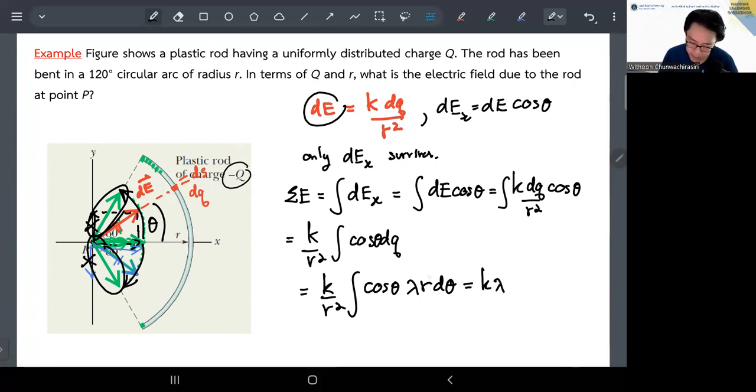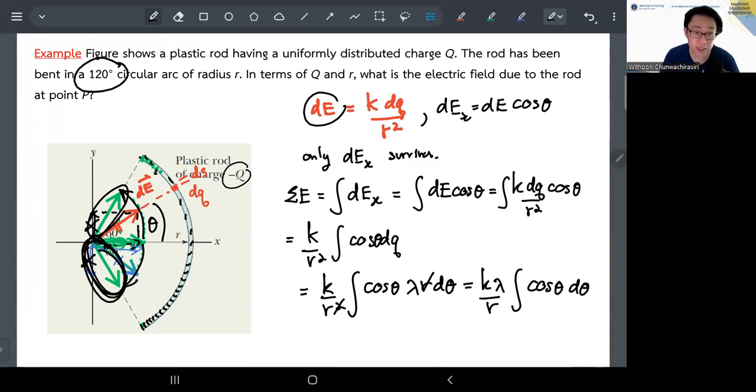The r can cancel one of these two, so you're left with just a single r in the bottom. And now you only have to integrate cosine theta, guys. Isn't that cool? All you have to do is set up the limit of integration properly. You want to start from the bottom over here, and integrate all the way until theta hits the top.